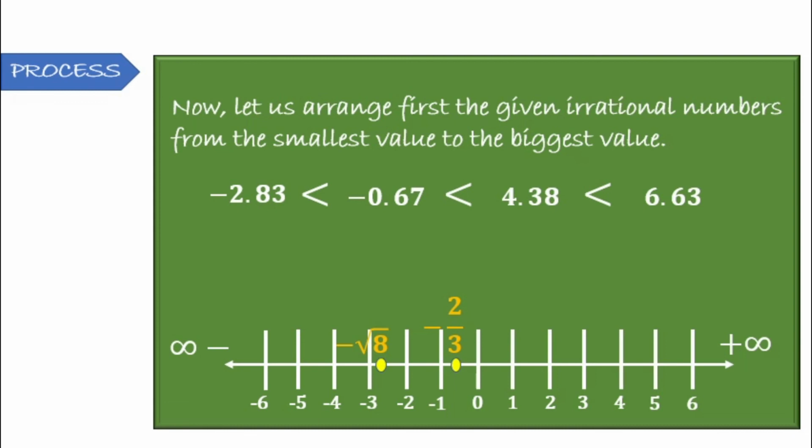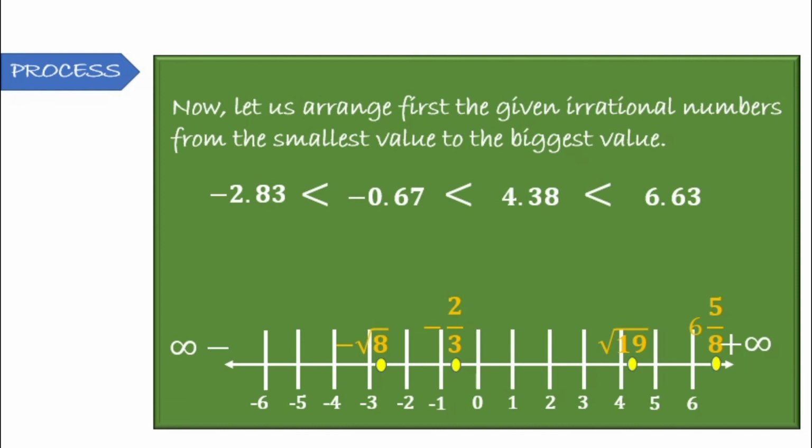Asa man na siya malocate? Between 4 and 5. Okay, very good. So, that's it. Square root of 19 and 6.63. So, 6 and beyond, between 6 and 7. And that's it. That's the example how to plot irrational numbers on the number line.